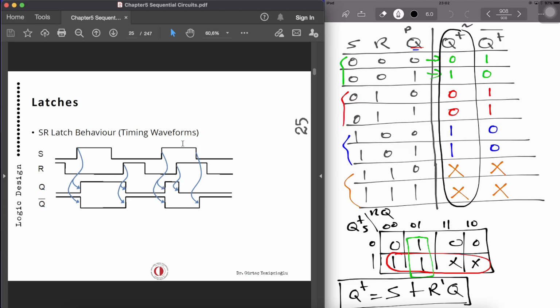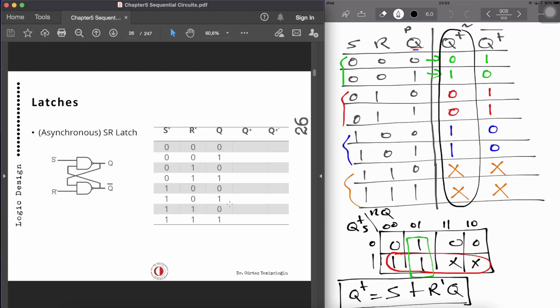And then when both are 1, we are going to get 0, 0, which is an invalid output. And after that, when set goes low and reset is high, then Q becomes 0 or stays 0. So we can demonstrate the same functionality of the truth table with the timing waveform.